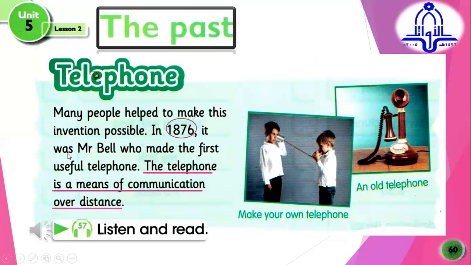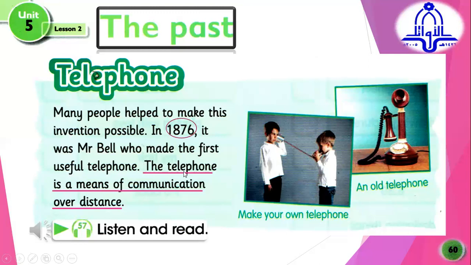1876 it was Mr. Bell كان السيد Bell who made the first useful telephone الذي صنع who made هي الماضي من الفعل make the first useful telephone أول تليفون مفيد, useful يعني مفيد.